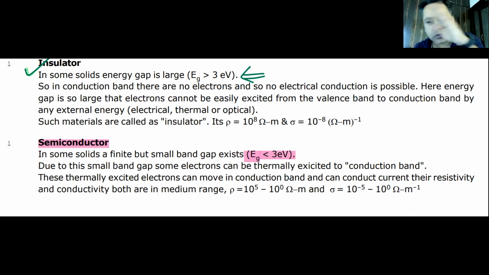Normally, it's in the range of 1 to 1.5 electron volts, silicon or germanium, due to which electrons can be thermally excited. If you heat them up, they will go to the conduction band, and therefore the conductivity of a semiconductor lies between conductors, which are very conductive, and insulators, which are not conductive at all. Do we understand this? This is the topic for this chapter, semiconductors.